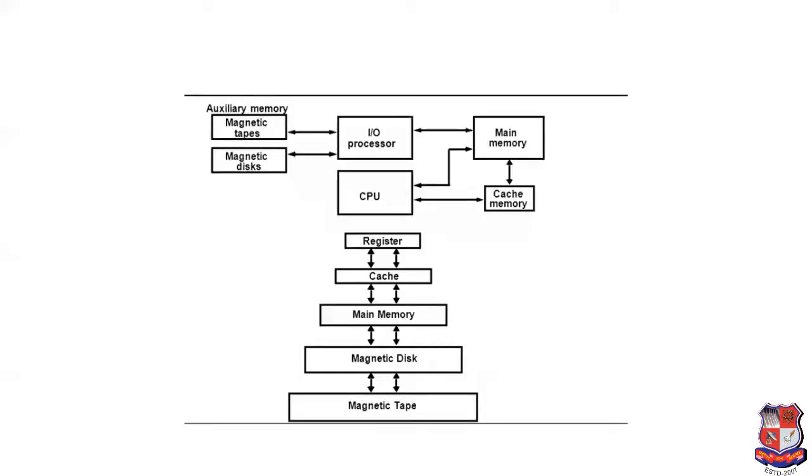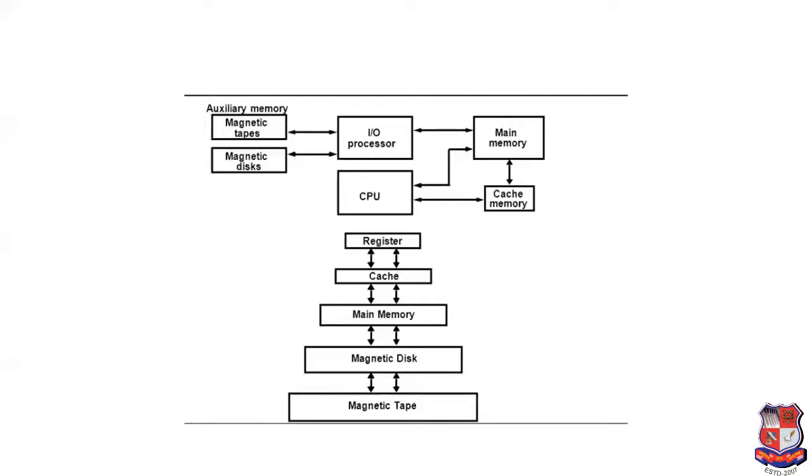The block diagram of the memory hierarchy is shown here. The auxiliary memory contains magnetic tapes and magnetic disks, which are connected to the IO processor for peripheral device connection, and that IO processor is connected to the main memory. Main memory is connected to the CPU for reading or writing, meaning two-way transmission of data and addresses.